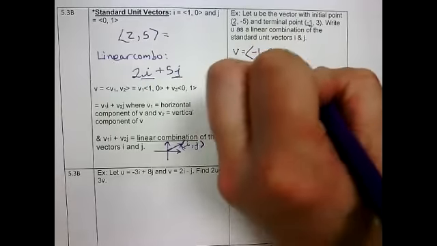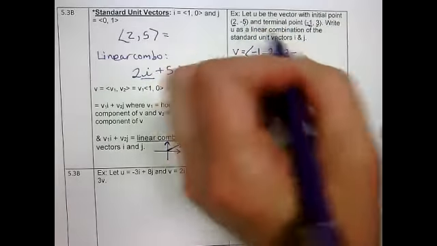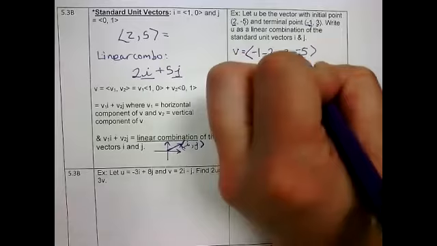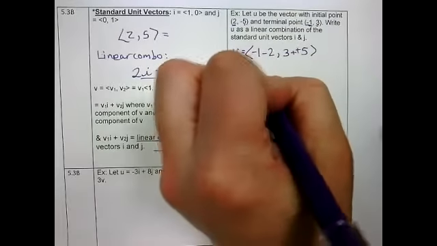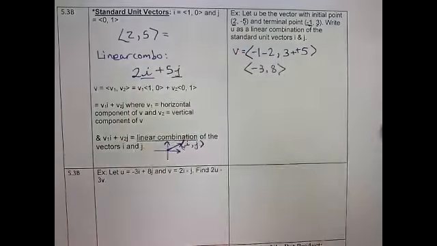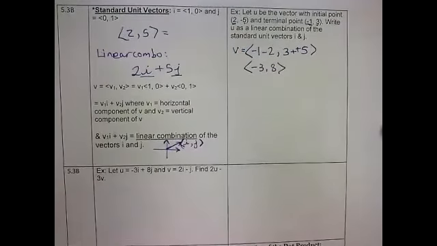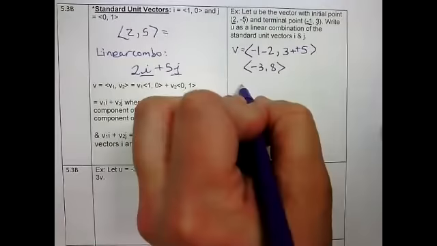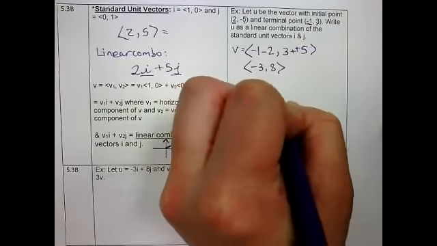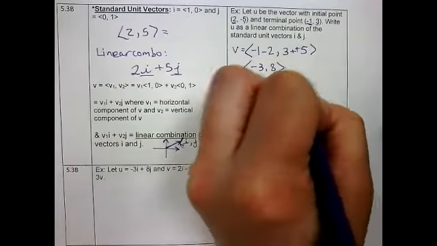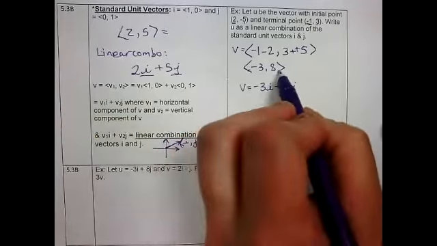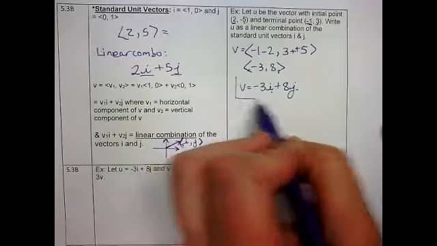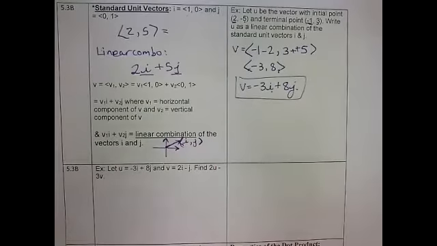Make sure that you're starting at the terminal point and subtracting the initial point. So that's going to be -3, 8. Now when I write it as a linear combination, that's going to be v equals -3i plus 8j. So I just removed these two symbols and put an i and a j. Okay, so that's my linear combination.